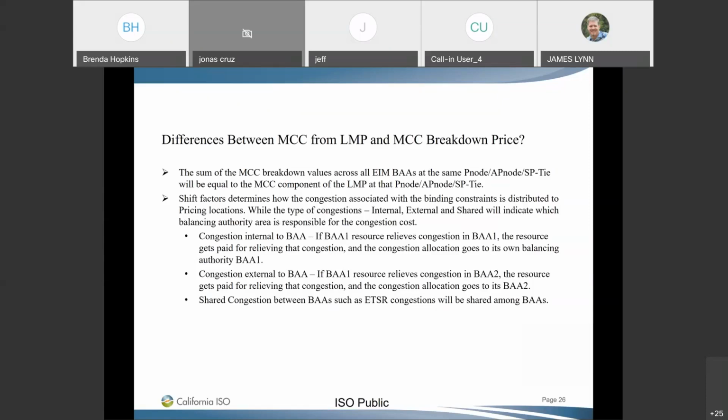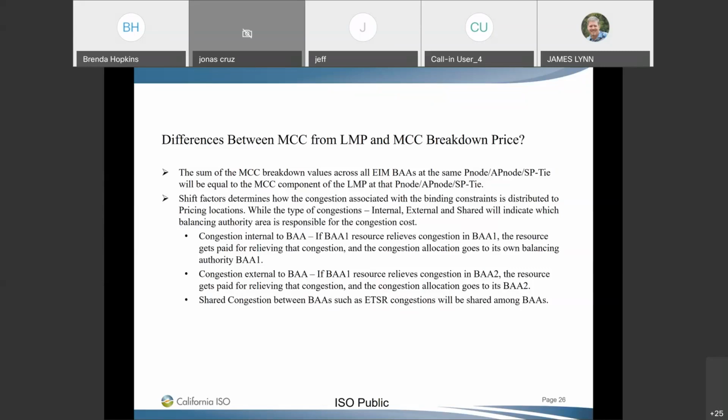I mean, it could, but really it's because the ETSR is binding at that point. You can't be resolving external congestion, so it shouldn't be in there. But then there will be some, like what you said, minor. So there will be that neutrality allocation that will happen with those minor or small prices coming from other breakdowns, right?